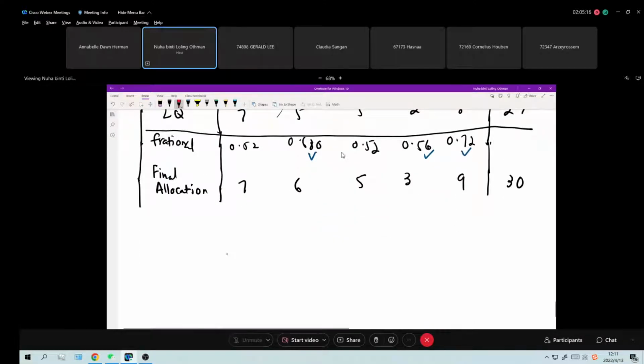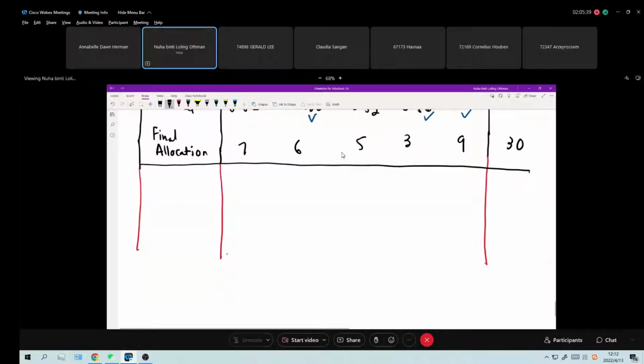When she was about to give them out, she found it. So what happened here? We need to calculate again, here with the red pen, because this one is new. Instead of 30 candies, it is 31.